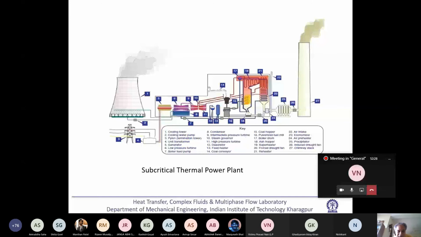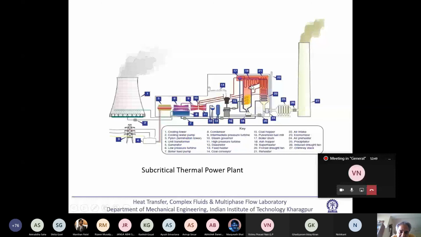Now the boiler part is clear. Is it clear, the boiler part? No, I am not still done with this figure. There are a lot of things, maybe one full class can be devoted to this figure. The figure is there, you can refer back. But whatever I have told, is it clear? The flue gas path, just a minute.